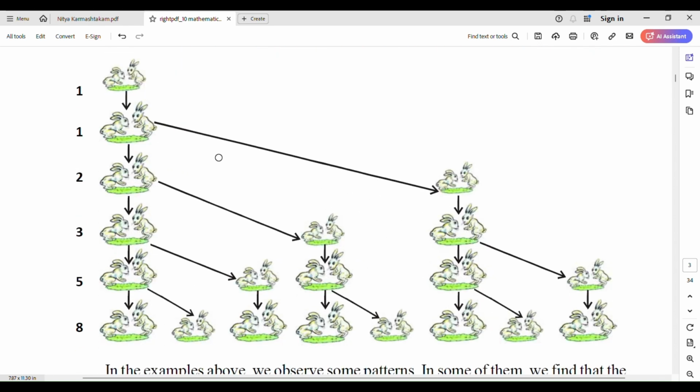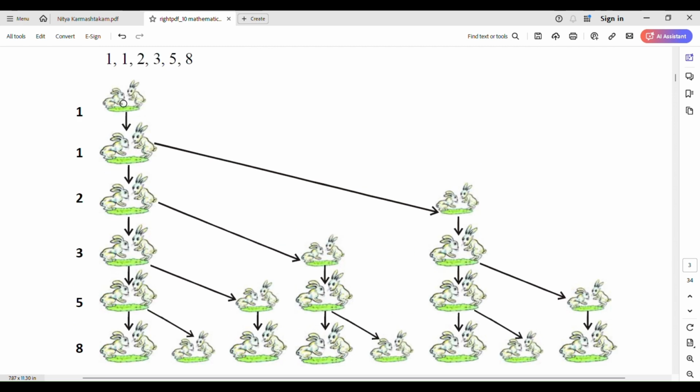Let's see the example here. We have first month, we have one pair of rabbits here. They can't produce in the first month, but second month they produce. Right, so it's here, and it will continue producing every month after that, like this. But the rabbit which was born in the second month, this will start producing from the third month, correct, like this.